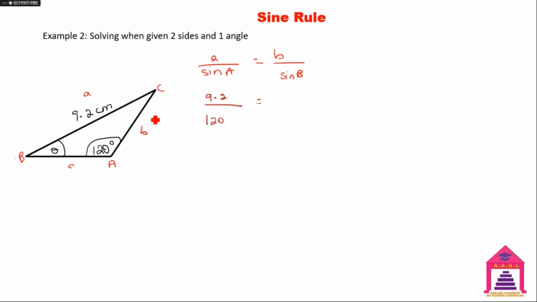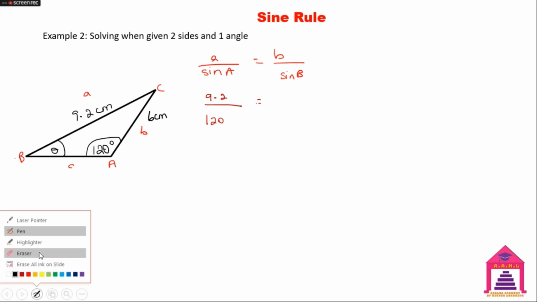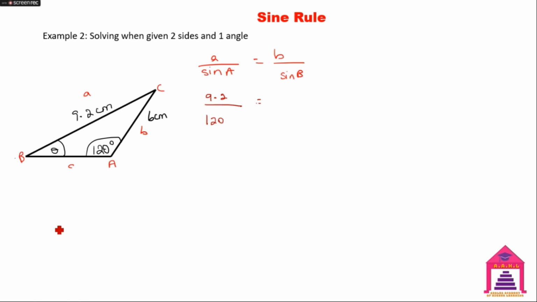Sorry about that, guys. See, all the Misses make mistakes too, eh? I left out the side. So I got 6 centimeters over sine theta. So we don't know what sine theta is.